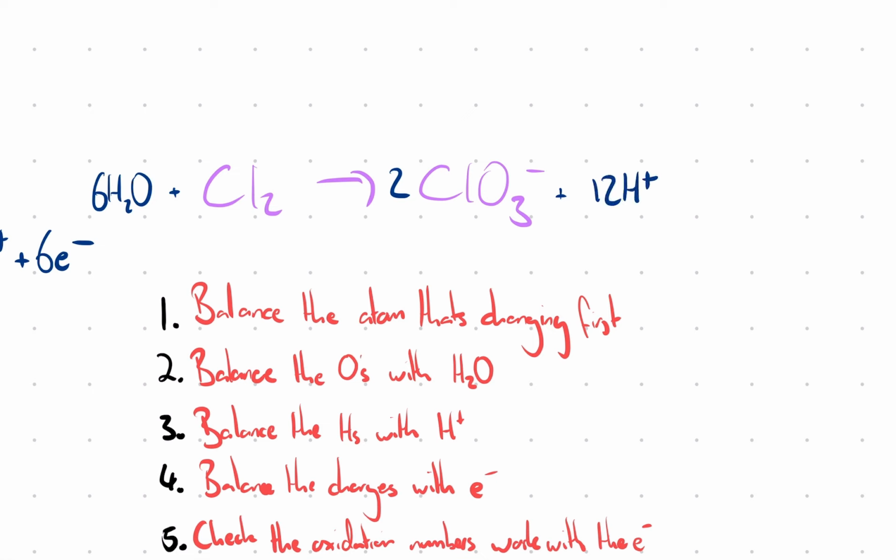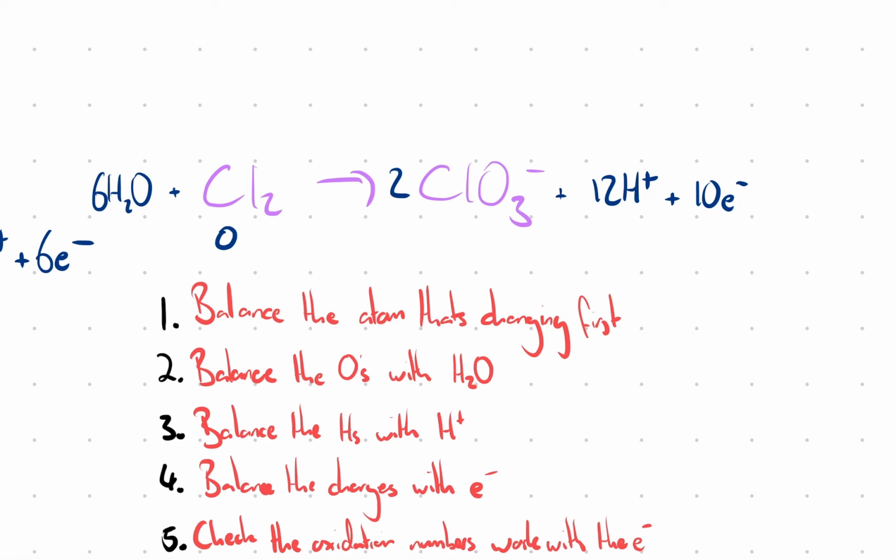Balance the charges. No charge on the left. On the right, we've got 2 minus, 12 plus, that's 10 minus, 10 plus in total. We need 10 electrons to balance that out. Let's check that makes sense. Chlorine's an element here, so it's 0.